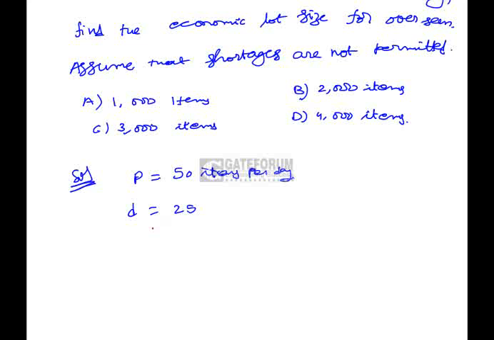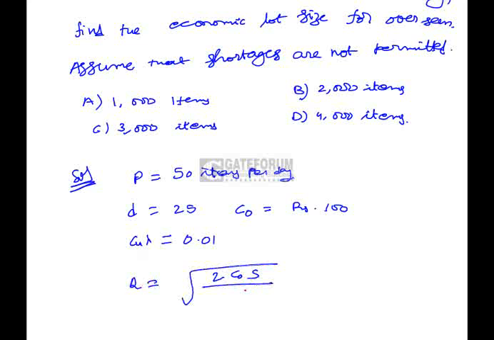The setup cost is 100 rupees per setup, that is, let us say C0 is equal to 100 rupees, and the holding cost is 0.01 rupee, that is generally represented as C_h, that is equal to 0.01. So here the economic lot size is equal to the root of 2 C0 D divided by C_h into (1 minus D by P).